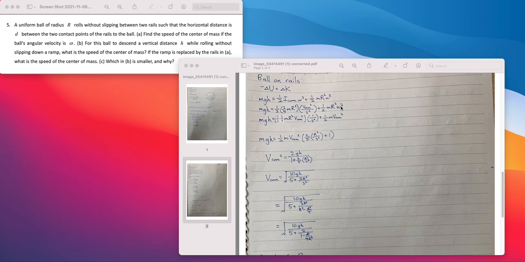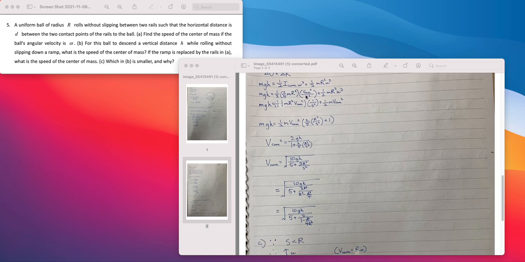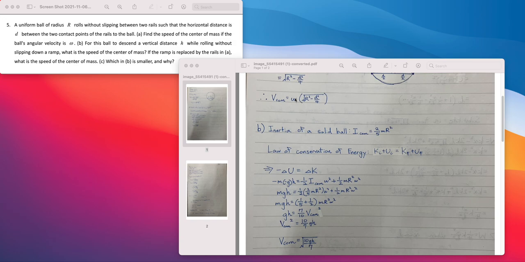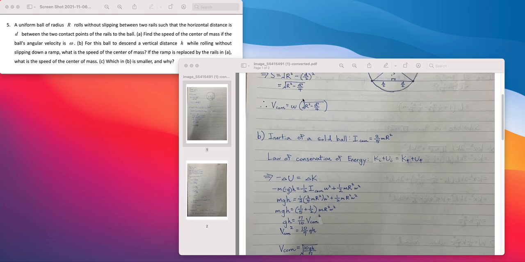For a ball on the rails, we can use the same equation. However, for omega, we would have to change it to the velocity of the center of mass over s, because the ball is rolling on a contact point relative to the rails, which therefore we can find the angular velocity by rewriting the equation here, which gives us the velocity of the center of mass divided by s.